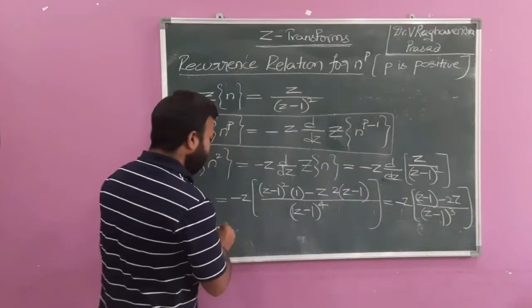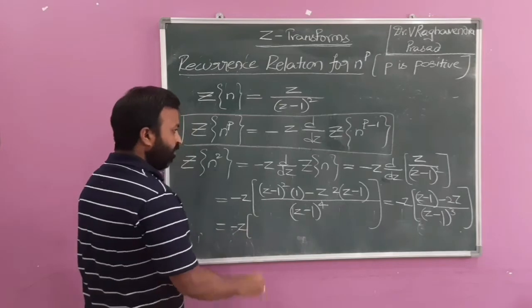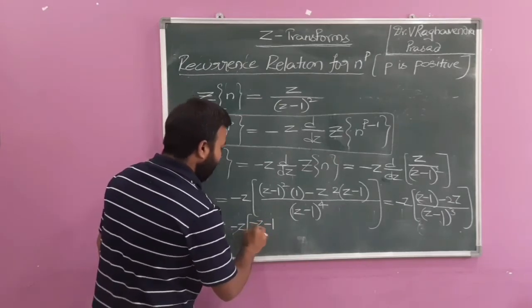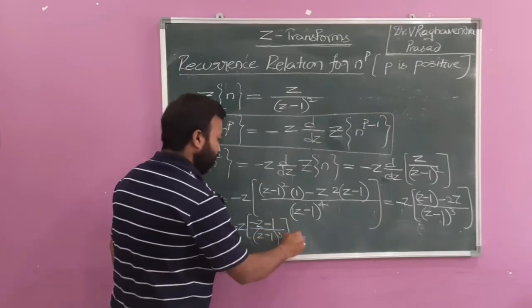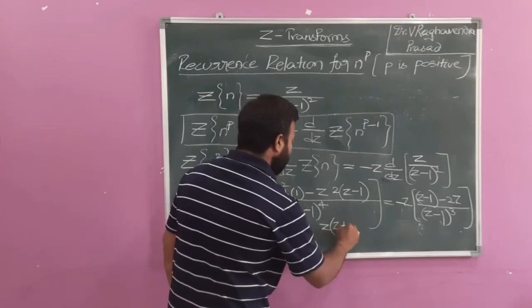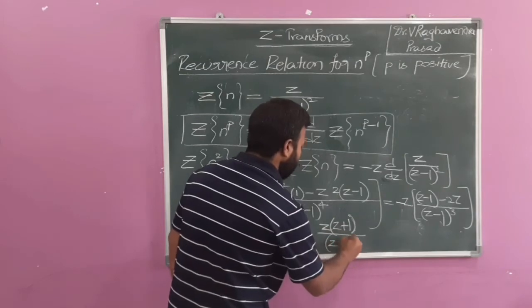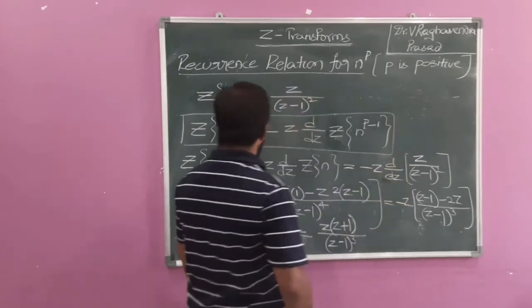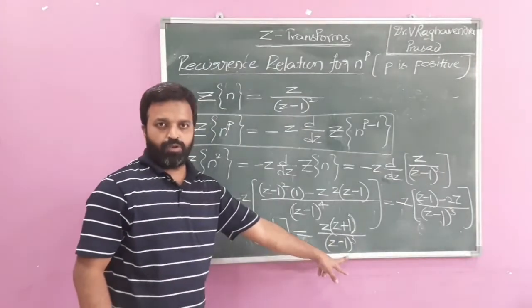So that is equal to minus z into minus z minus 1 by z minus 1 whole cube, which is equal to z into z plus 1 by z minus 1 whole cube. So the z transform of n square is z into z plus 1 by z minus 1 whole cube.